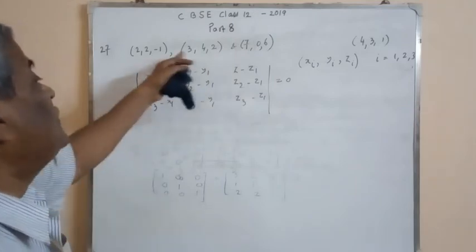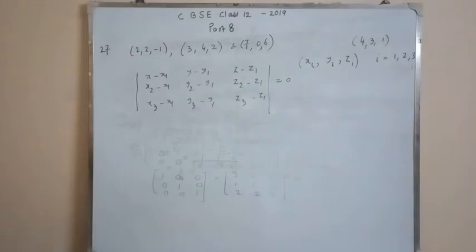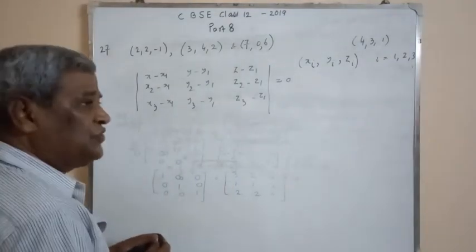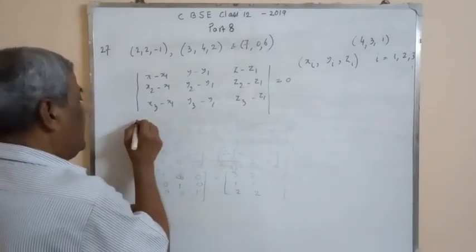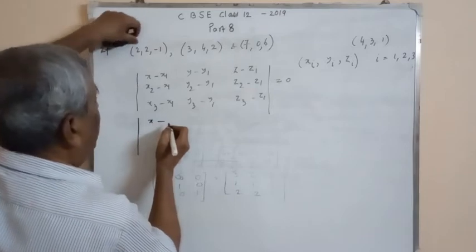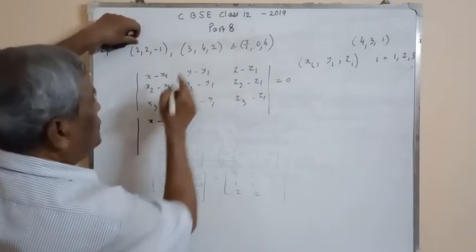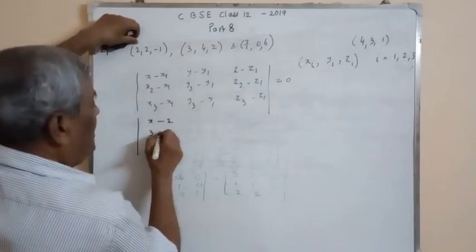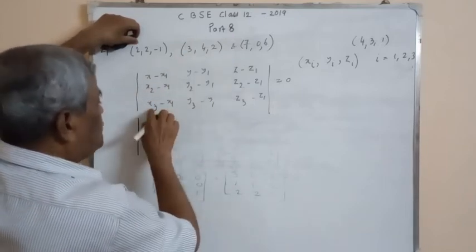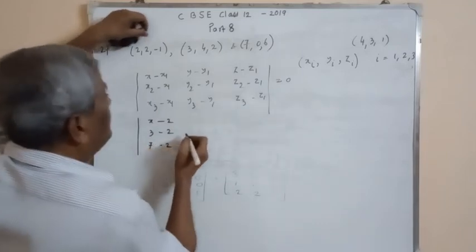Putting all these values here, very easily we can obtain the Cartesian equation of the plane. It is x minus x1, x2 means 3 minus 2, x3 is 7, 7 minus 2.